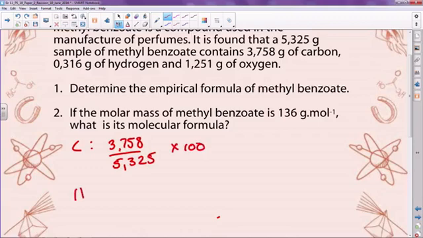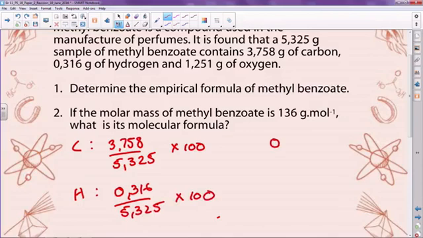For hydrogen, we're going to do the same, the number's going to change, over 5.325. And then for oxygen, it's going to be 1.251 over 5.325, and multiply that by 100.